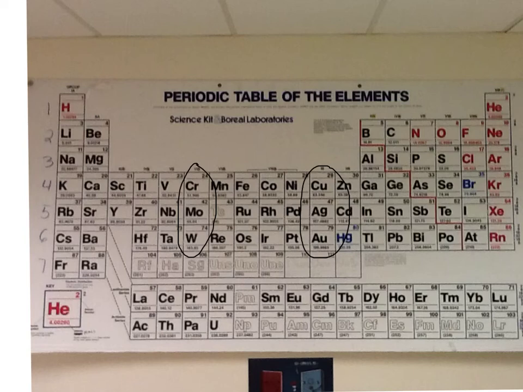Chromium's configuration is actually Cr with the argon noble gas core, argon, 4s1, 3d5. We notice that the s, instead of having 2 electrons in it, only has 1.